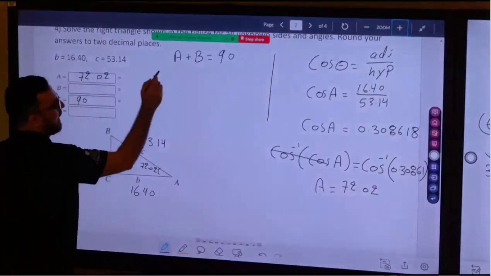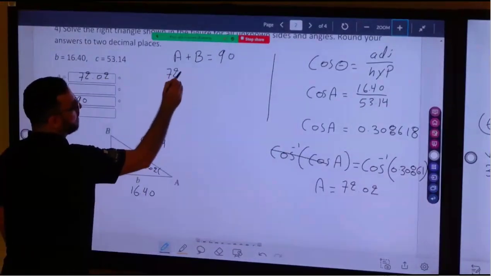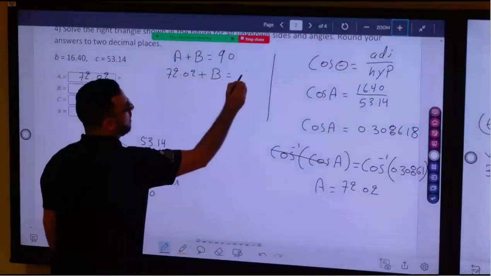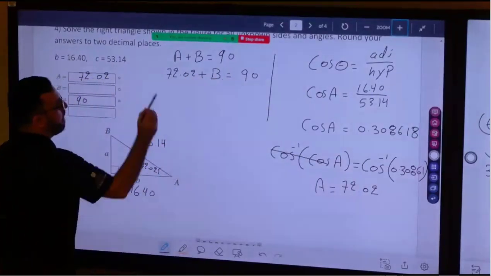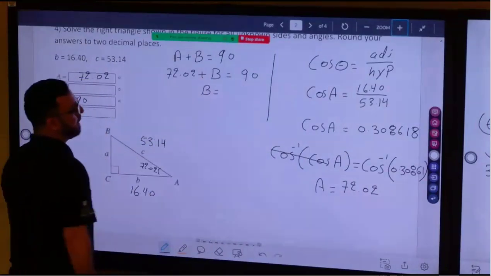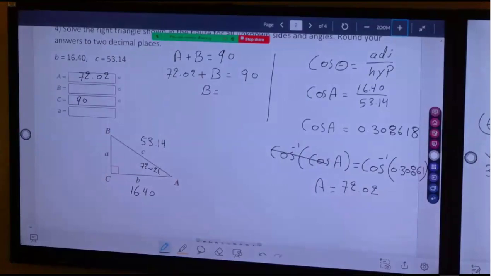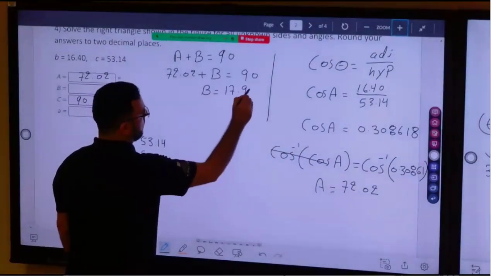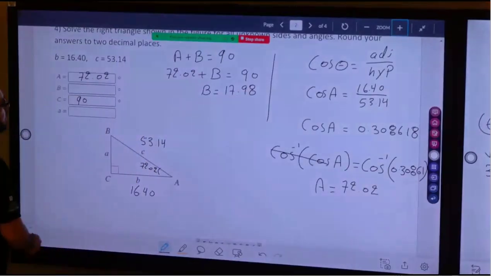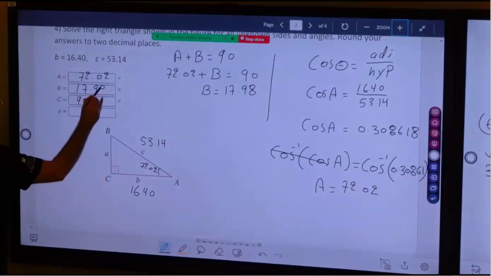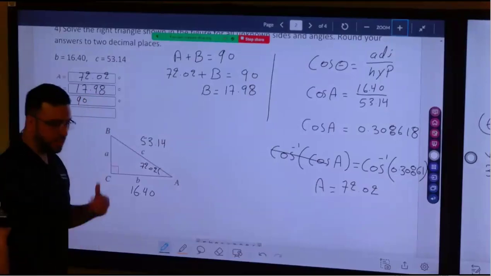I have the angle A, so B equals 90 minus 72.02 from both sides. How much is the value of B? 17.98. So now I have the angle B, which is 17.98.